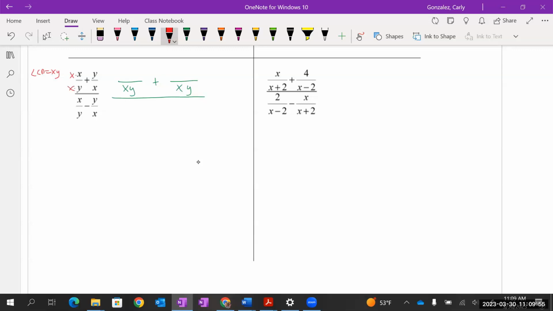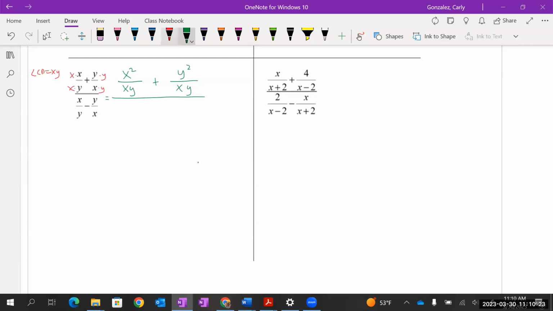So I multiply top and bottom by x. And on the bottom, I get the xy like I wanted, but on the top, I get x times x, or x squared. Top right, I'm trying to get xy. I already have the x, so now I'll multiply top and bottom by y. So I get the xy in the denominator, and the numerator is y times y, or y squared.